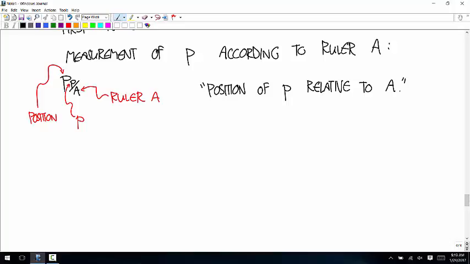And so the position according to ruler B is just position of P relative to B. And notice that just like you can give positions of that particle P according to each of those two rulers, you could also use one ruler to tell you the position of the other ruler.